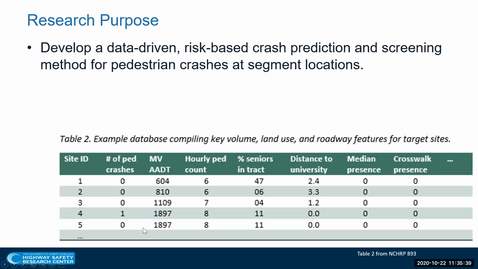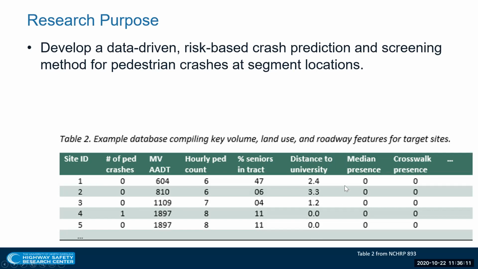We use our automobile traffic, that's the MVAADT, as well as our pedestrian count data or estimates. We may estimate average annual daily pedestrian volumes as well. We may have data that reflect what is the population of people living in this area. Are there a number of seniors who are using transit, and they may be at more risk of severe injuries.